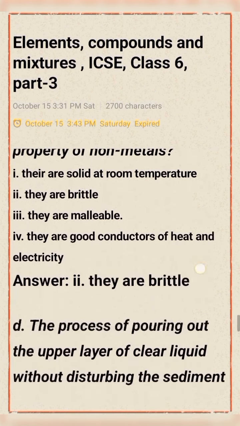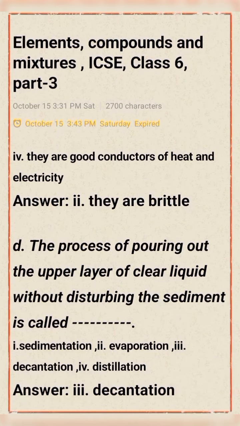Next question number D. The process of pouring out the upper layer of clear liquid without disturbing the sediment is called, option 1, sedimentation, option 2, evaporation, option 3, decantation, option 4, distillation. Option 3 is the right answer, that is decantation.